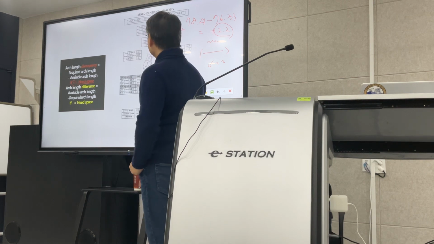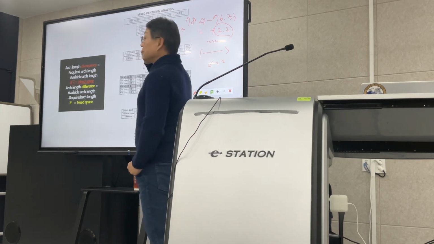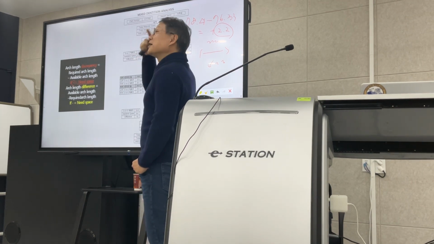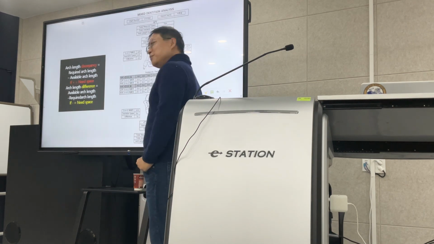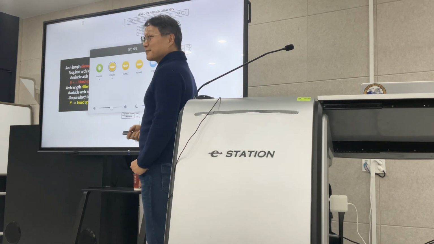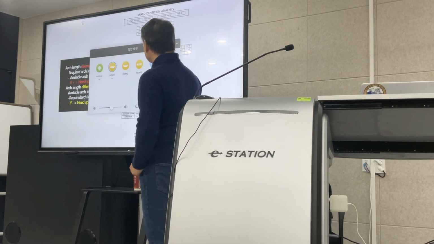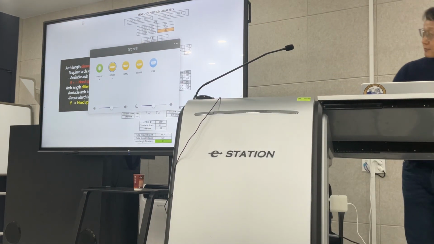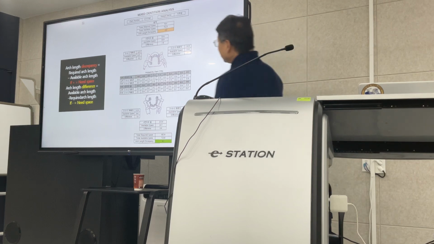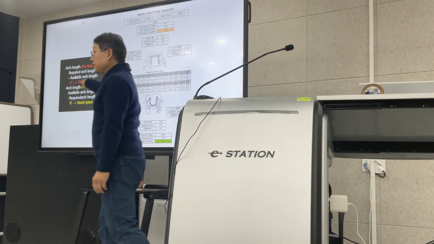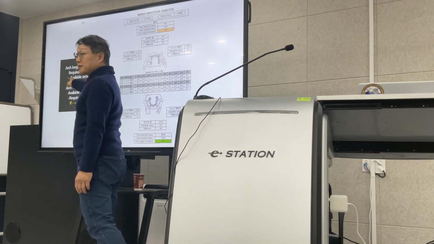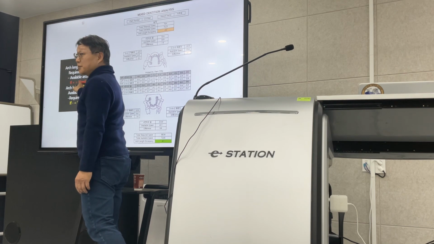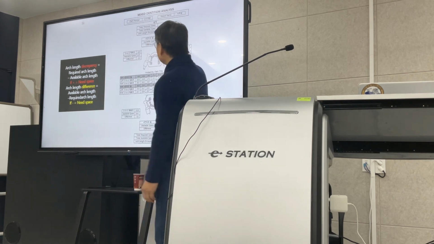But it's easy sometimes: minus means need space, just automatically. Plus means remaining space. So anyway, oh my God. What's the matter? Anyway, you have to remember this one. Requirement space minus available space, plus means need space, right? Don't think about this.